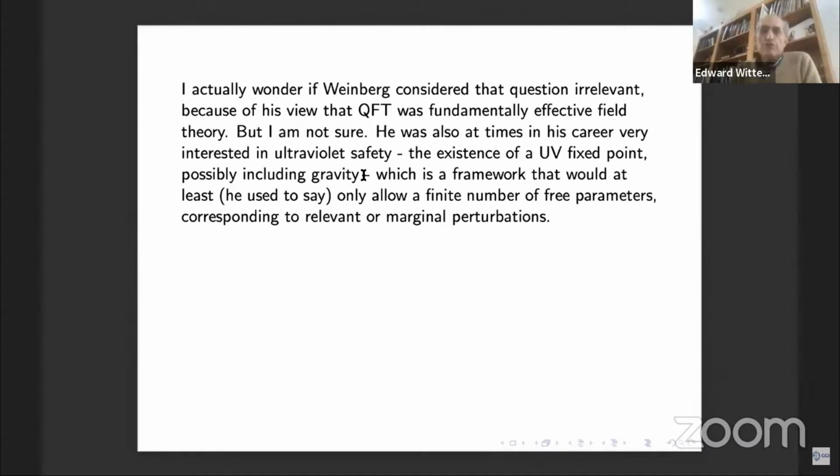And as he would usually say when he discussed ultraviolet safety, that would be a framework that would very likely allow only a finite number of free parameters corresponding to relevant or marginal perturbations. So if ultraviolet safety is correct, that would be a principle that would select a very small family of the infinite dimensional family, and maybe those are the theories that really exist non-perturbatively.